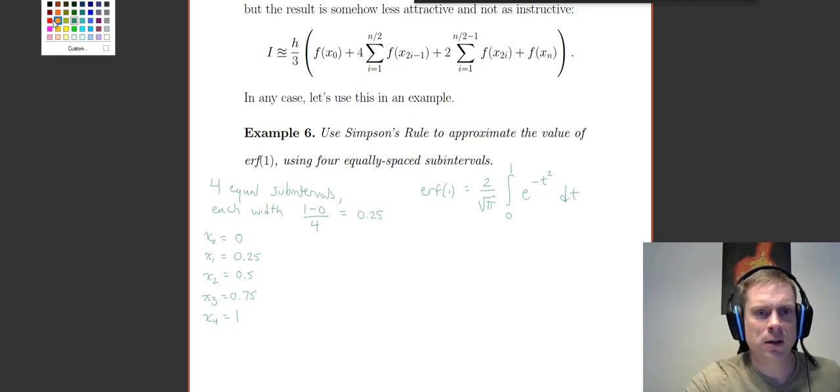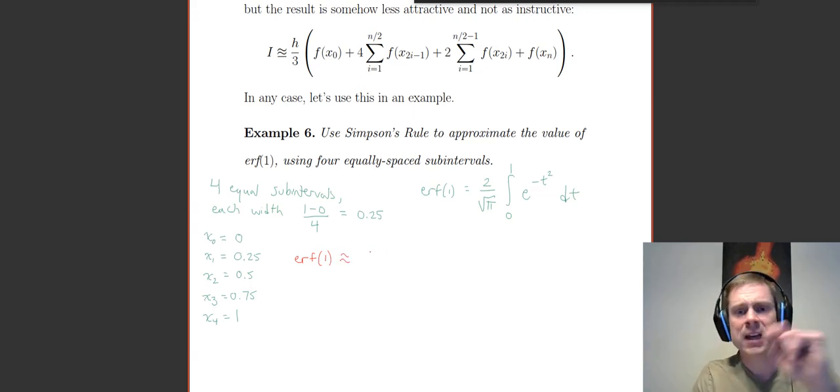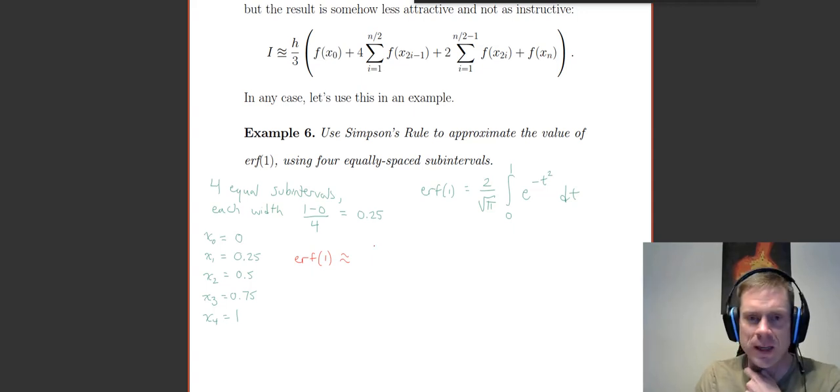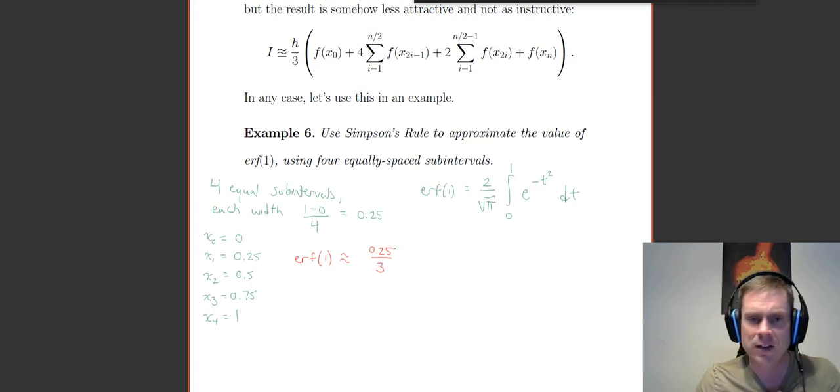Okay, so let's just jump in and do this. I need my red, and we're going to say down here that ERF of 1 is going to be approximately equal to, using Simpson's rule, h over 3, so that's going to be 0.25 over 3. I need to take the 2 over root pi scaling factor, so I'm just going to write this out front, because the integral is what I'm trying to approximate here.